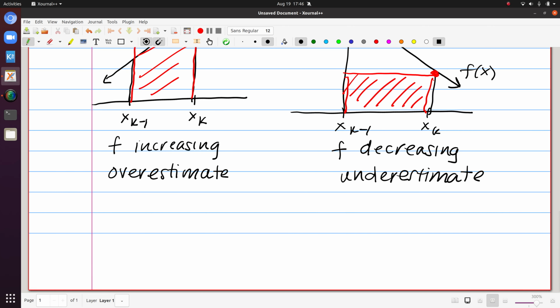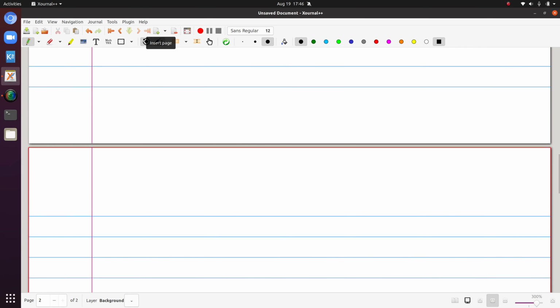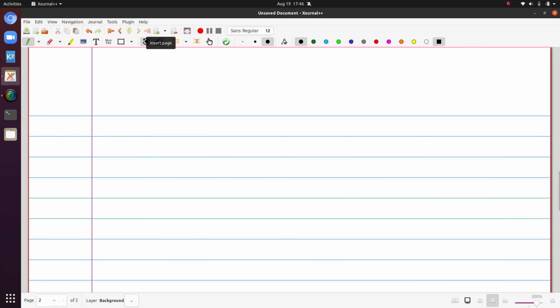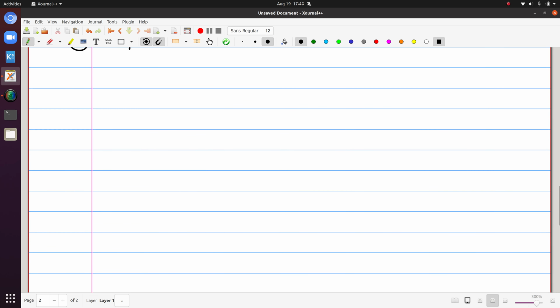Now, let's move on to midpoint and trapezoid rule. And I'm actually going to do trapezoid rule first because it's a little bit easier to visualize that. I would say the midpoint is probably the hardest. So thinking about the trapezoid rule, it turns out that it has nothing to do with increasing versus decreasing.